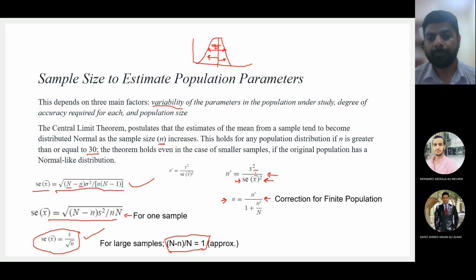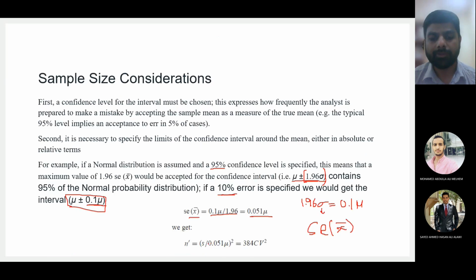See here, it was s square, and this was also a square. The square was taken for the entire bracket. So s is the standard deviation, and we replace the standard error of x bar with 0.05 mu from here.